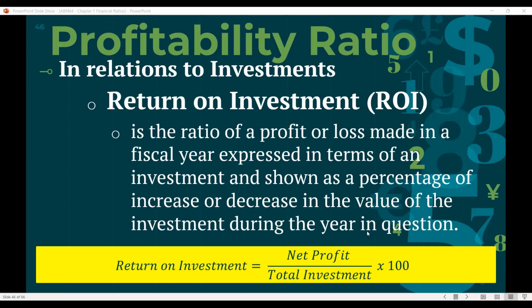But for the company, total investment yun ato ang gina-use. So all of the investment you had garnered or used. So again, focus more on profit or loss on the fiscal year or on the given year. So you'll know whether there is an increase or decrease of value sa imong invest. So we have ROI here, return on investment is equals to net profit over total investment multiplied by 100.